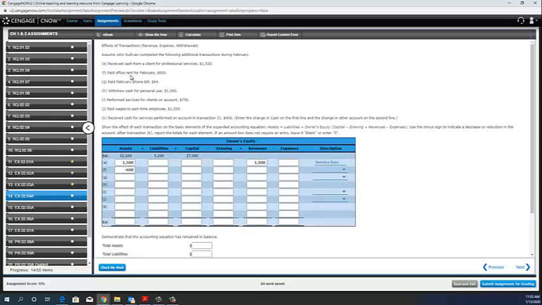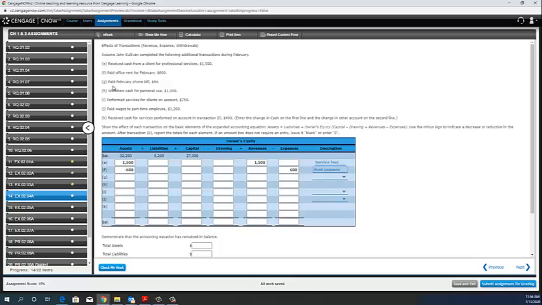Office rent is something we pay every month, so that is considered an expense. So we are going to enter $600 there, and see how expenses and drawing decrease our owner's equity, and capital and revenue are our two increases to owner's equity. So we have to specify what the $600 is for, and that was for rent expense.